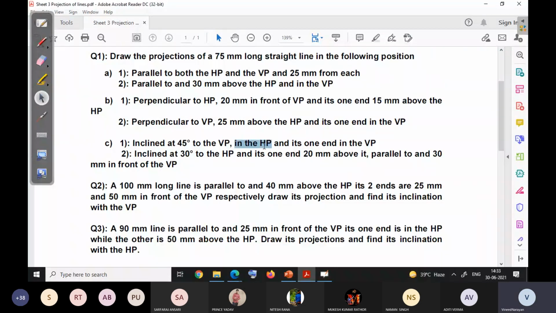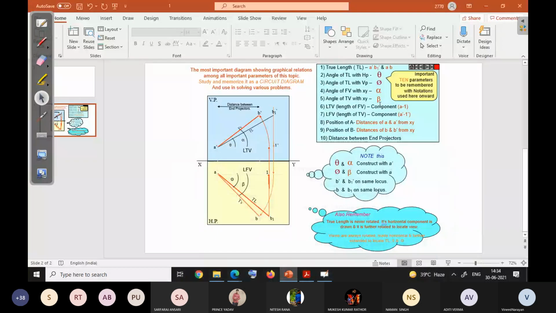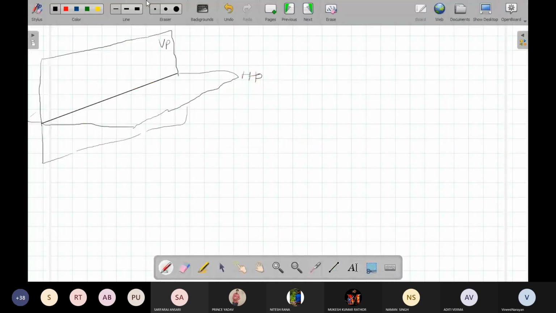C1, and its one end is in VP. So this angle is 45 degrees, and so this is the line.